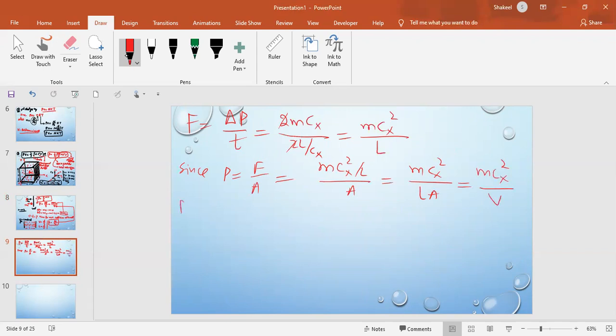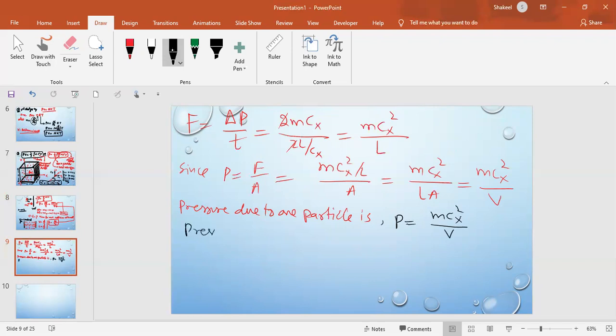So we say that the pressure due to one particle is P equals mcx square over V. And the pressure due to n particles, due to all particles moving along the x-axis only, is P equals nmcx square over V.